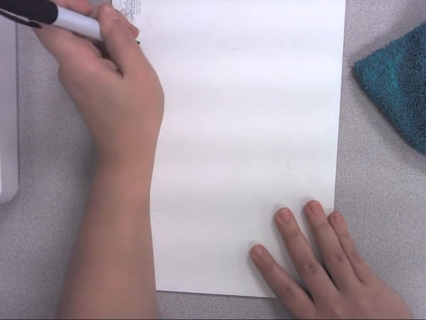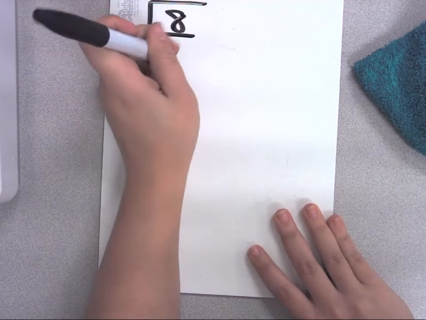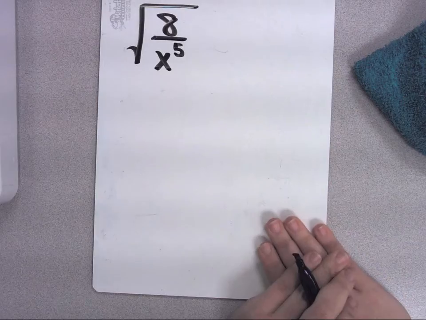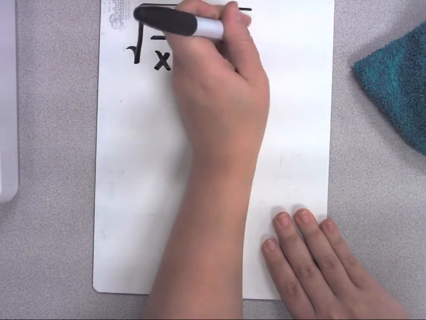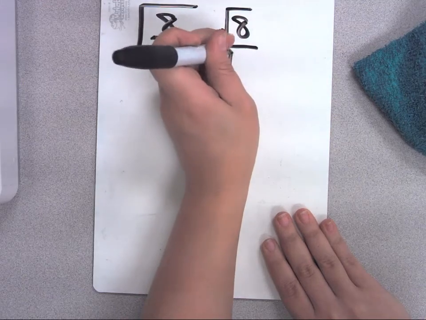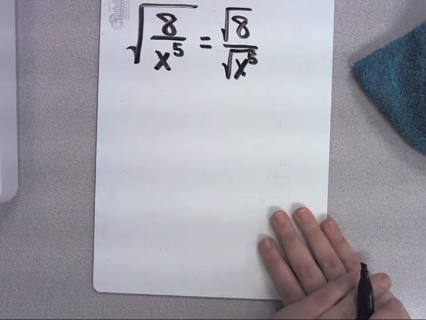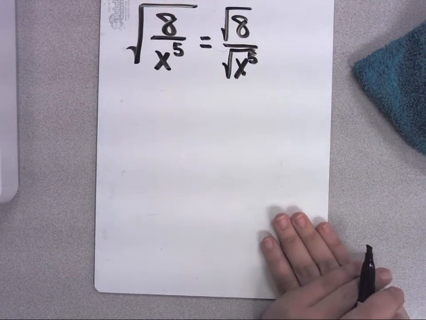Now, how about the square root of 8 over, let's say, x to the 5th? Why not? Again, separate your friends. Now this one, it's odd, isn't it?